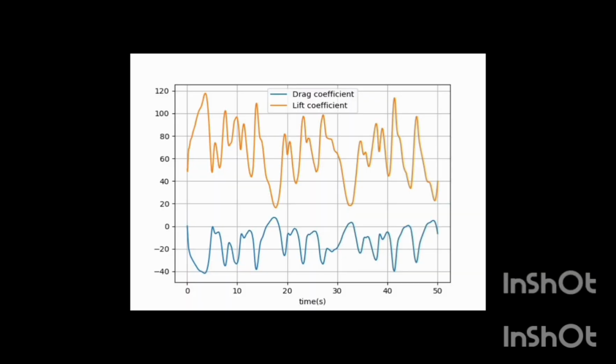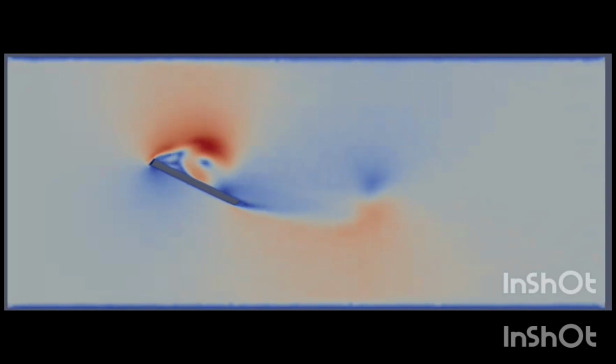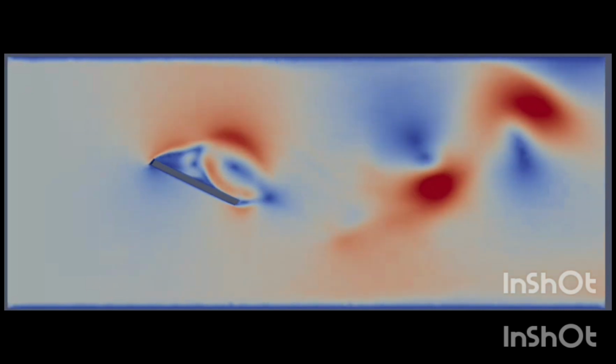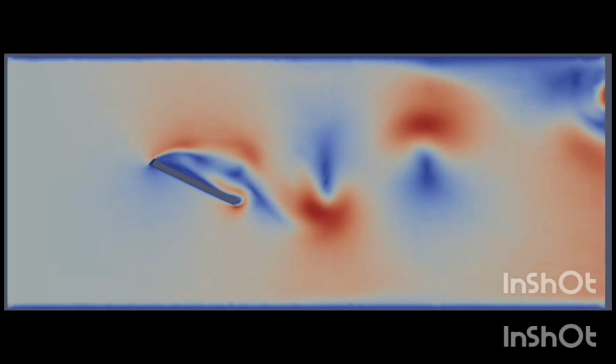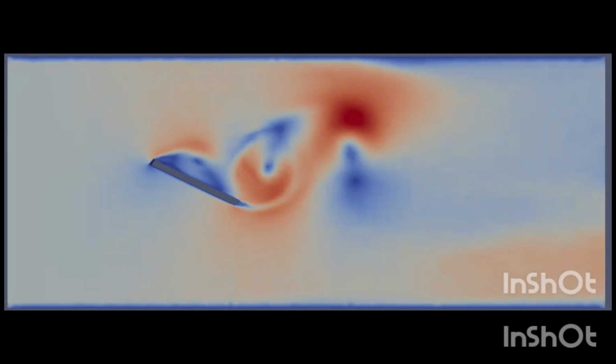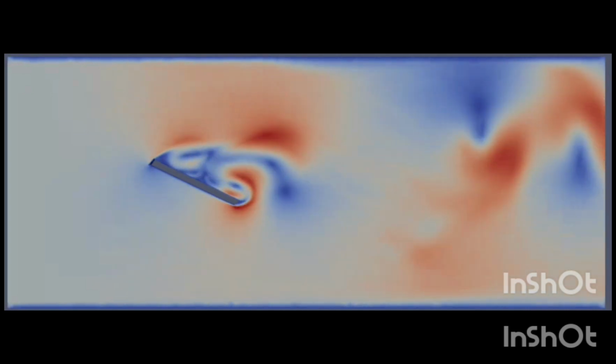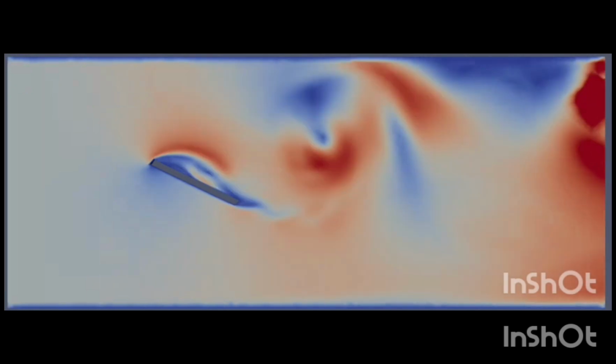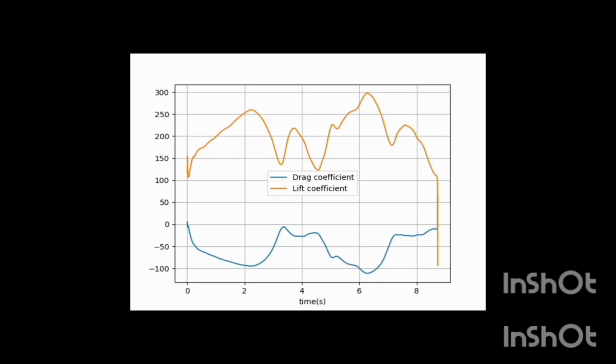Now the plot for coefficient of drag and coefficient of lift is plotted here. This is the result at 6 meters per second. Here the vortex formation is highly turbulent. Here is the plot for coefficient of drag and coefficient of lift.